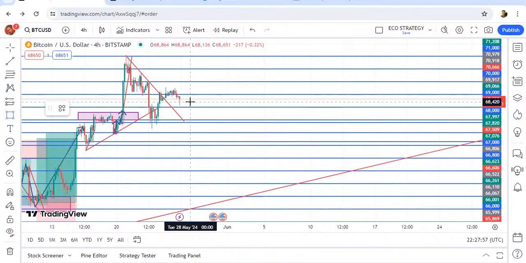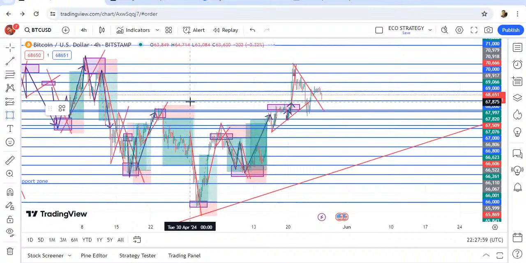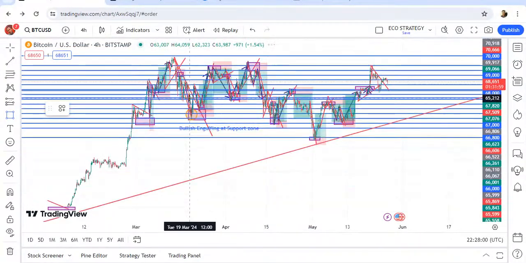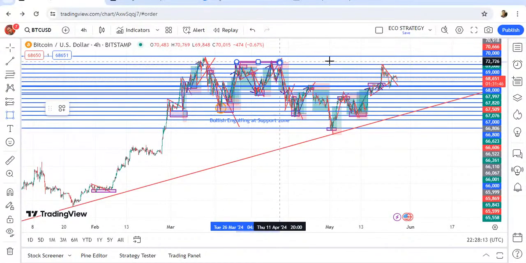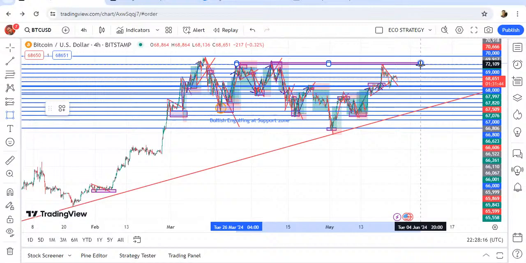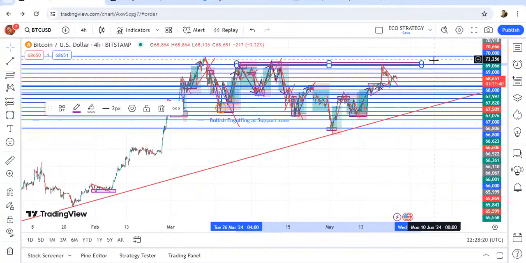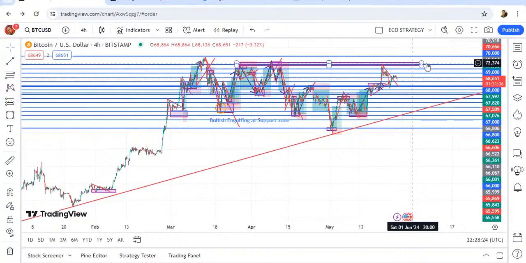This is the 4 hours. All right, this is your resistance up here, this point. So if price comes here, it's going to sell. This is where you set your limits.